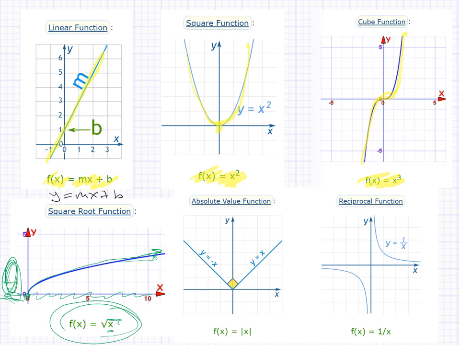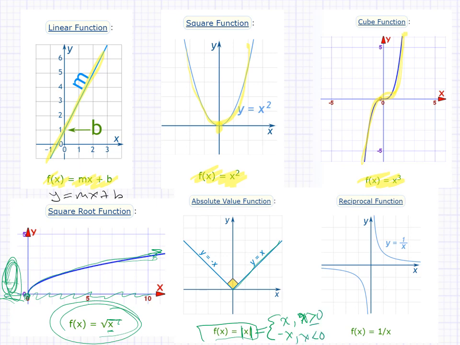The absolute value function, the absolute value of x, a linear absolute value, I should say, more specifically. These two bars on either side are the absolute value symbol. Basically it is essentially two lines in one, because the definition of an absolute value is based off of a piecewise function ultimately. x and negative x, depending on what x is: x is greater than or equal to 0, or x is less than 0.